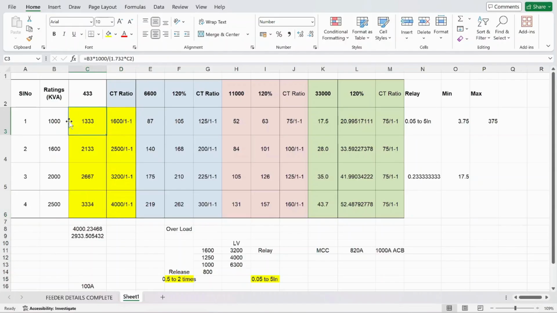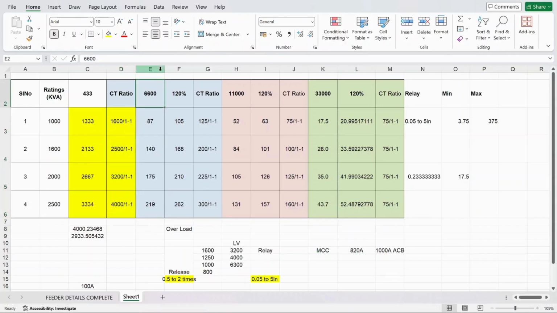For 1000 kVA you can directly select 1600, and for the next one directly 2500, because these are all ACB ratings. For these transformers, my ACB is 1600, 2500, 3200 and 4000 amps. That is how I select it, normally 10% above the full load current.